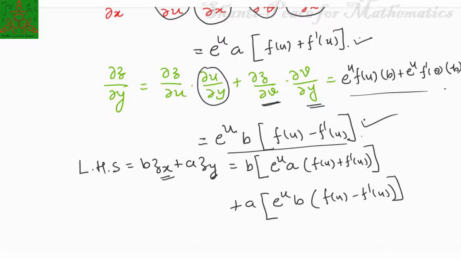And you just see that e^u is common from this, a into b is also common.